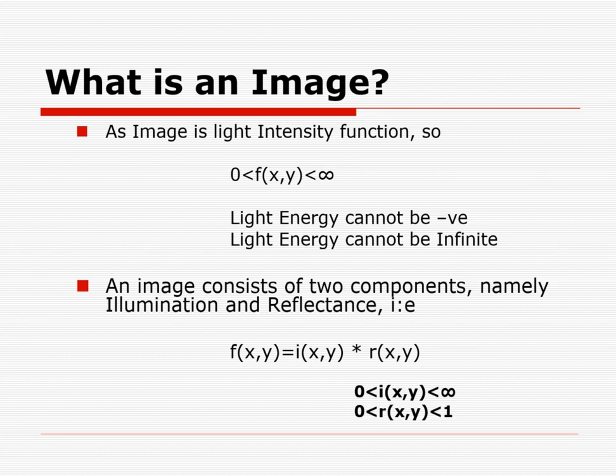It might be natural or artificial, but there must be some light source in order to ensure that we will have an image at the output. Along with the illumination source, we need to have an object, and that particular object will have a particular characteristic, what we define as reflectance.